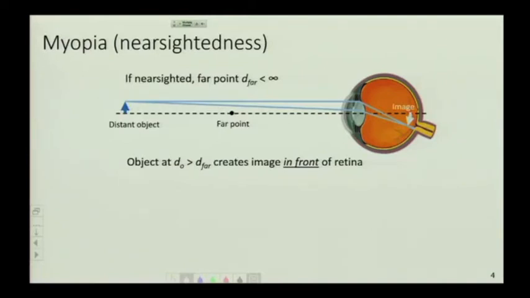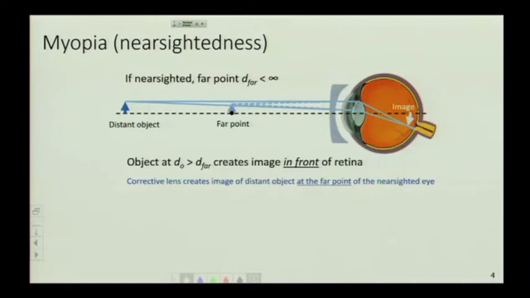So the way you correct this is to make those light rays converge less strongly. So you put in a little diverging lens. So this is corrected using a diverging lens, which allows the rays to diverge a little bit more so that they converge only on the retina.